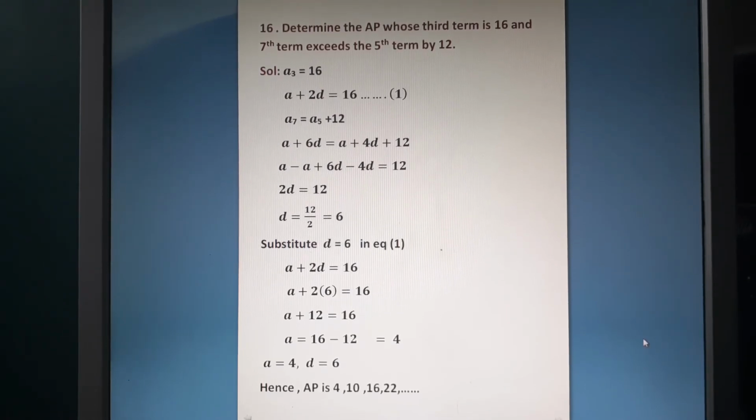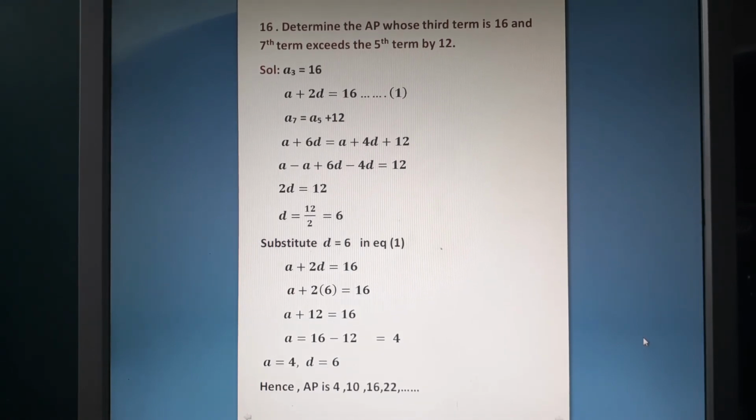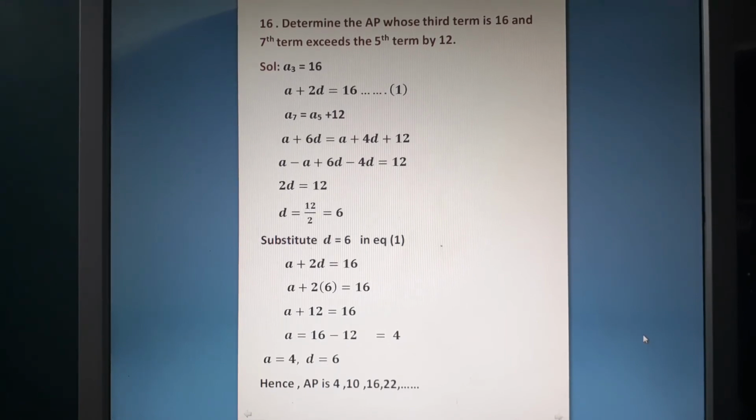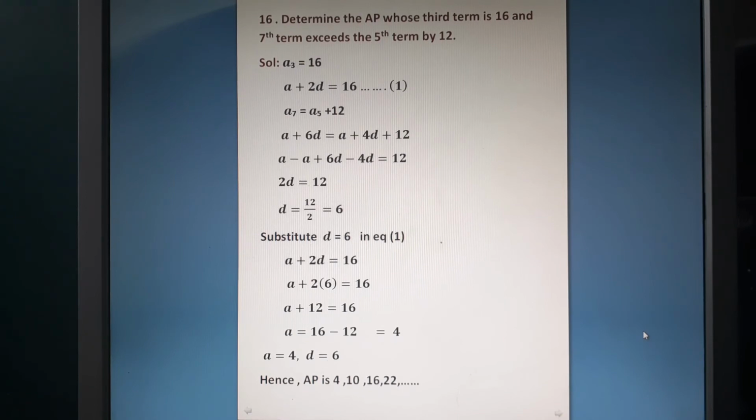16th sum. Determine the AP whose third term is 16 and seventh term exceeds the fifth term by 12. See the solution. Third term is equal to 16. So, A plus 2D is equal to 16. This is equation number 1.